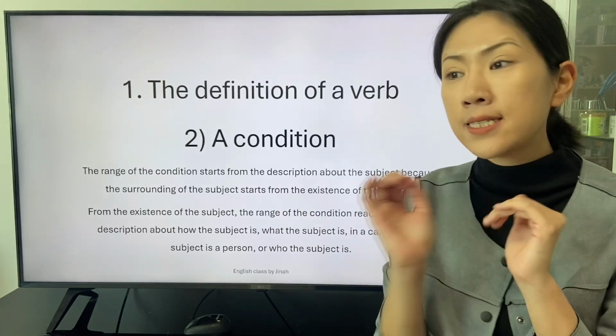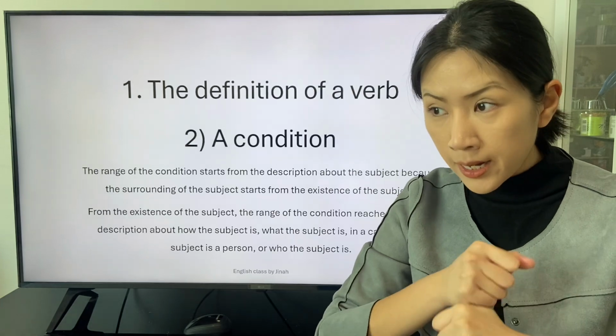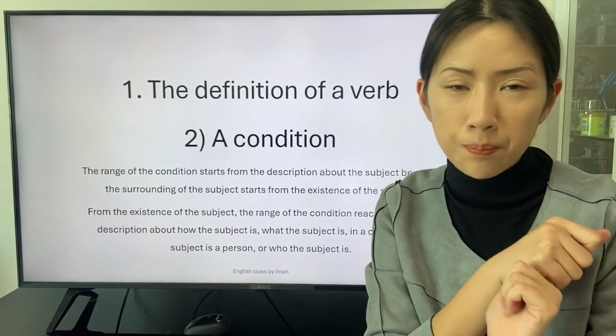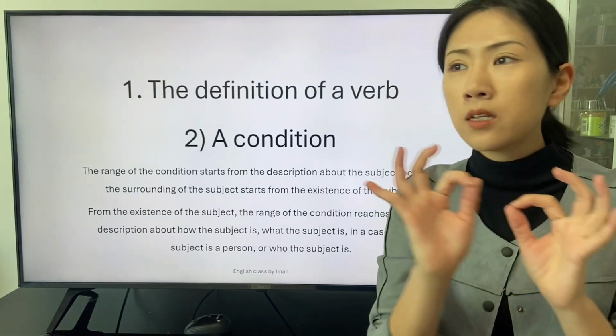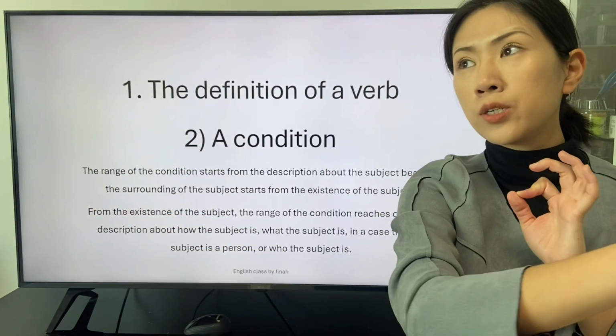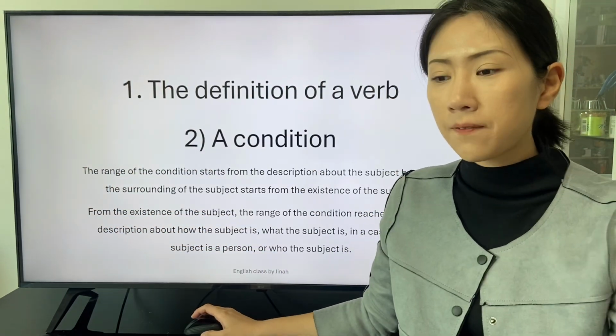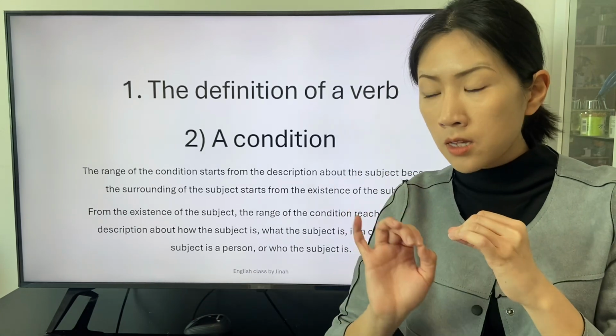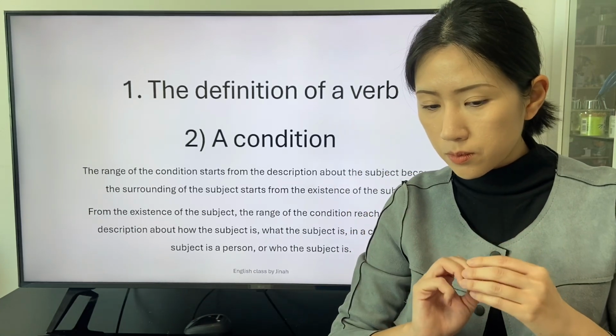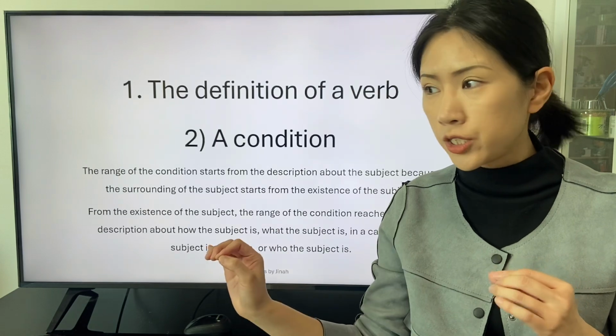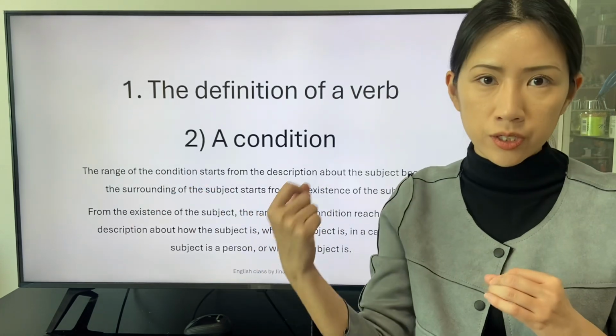The subject exists at a point in time and in a place. Then the surrounding started to be with the subject. The existence of the subject is the primary condition of any condition.